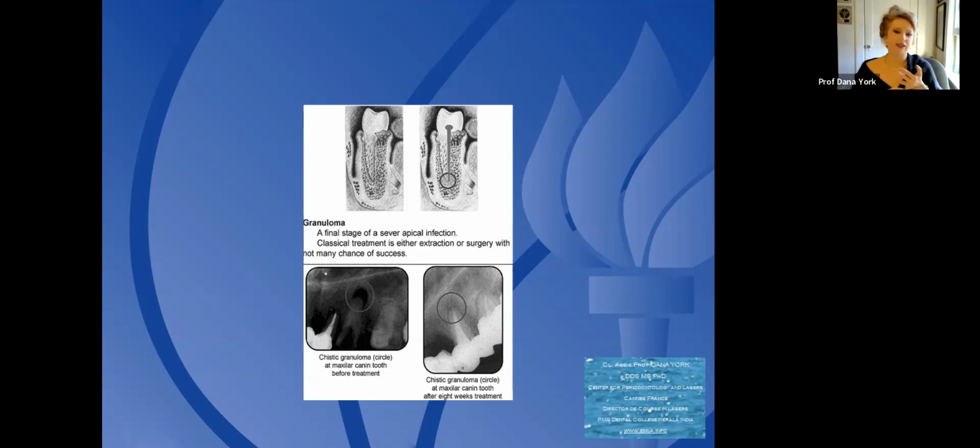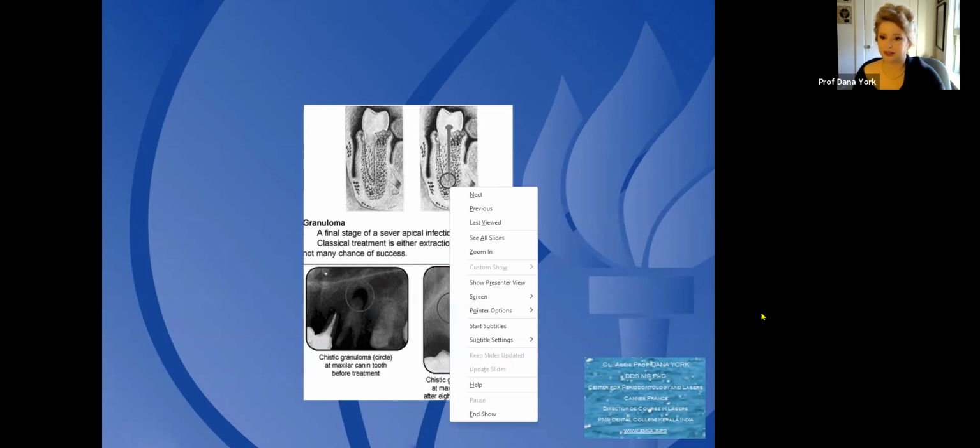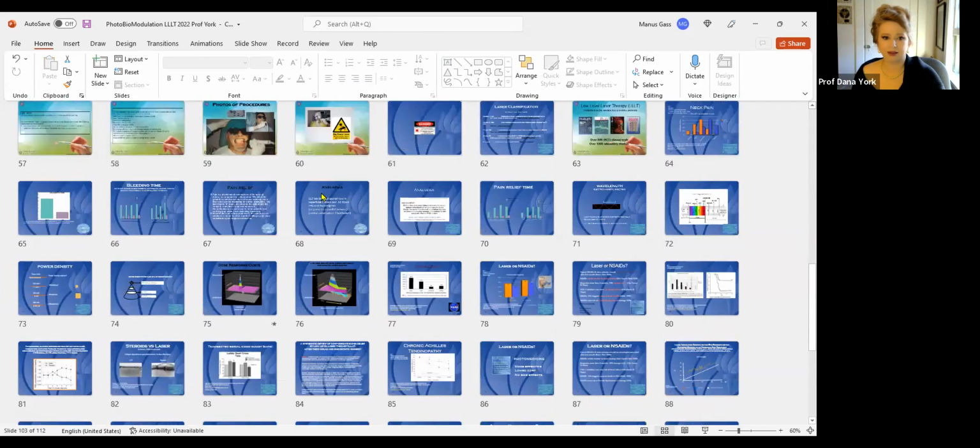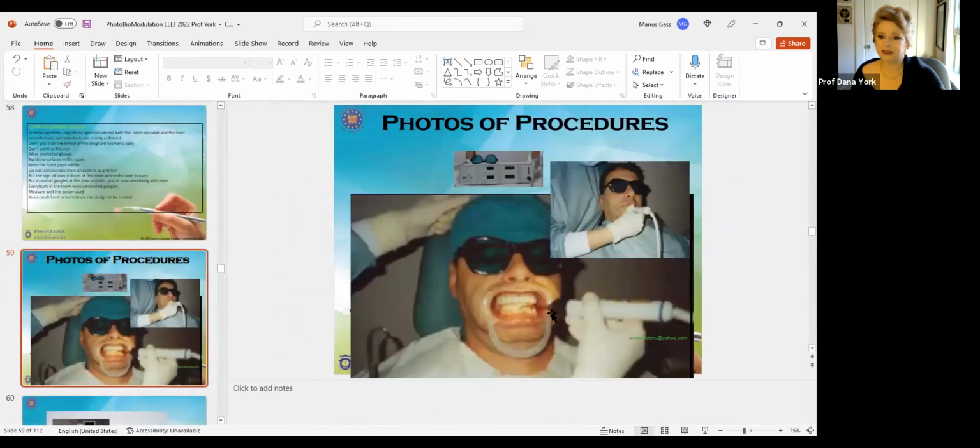We use antiseptic irrigation, and then we enter, but not with the surgical laser or hard laser, with the handpiece of the laser therapy. I'll show it to you one second. This is the handpiece. So with the handpiece, we enter in the canal and we irradiate with infrared.